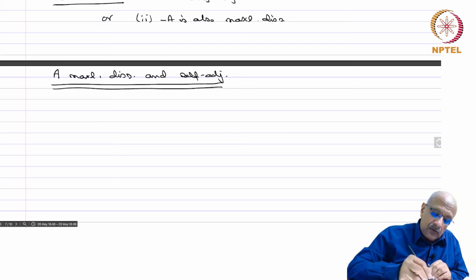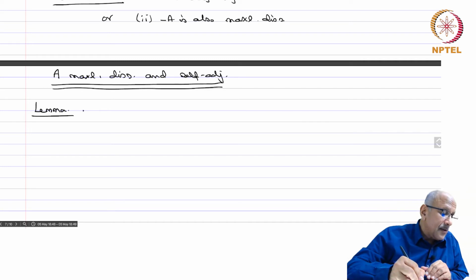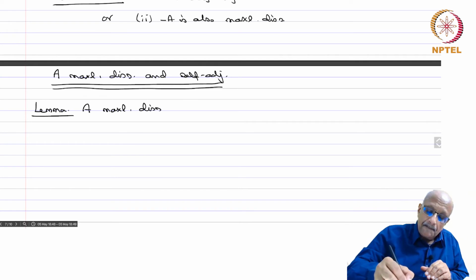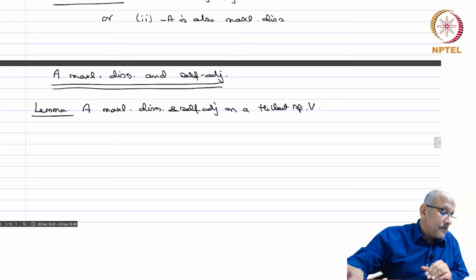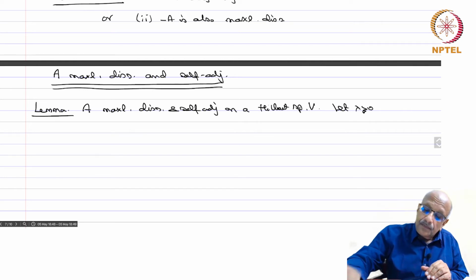Okay. So, we start with a lemma. A is maximal dissipative and self adjoint on a Hilbert space V. Let lambda greater or equal to 0 and A lambda the Yoshida approximation.